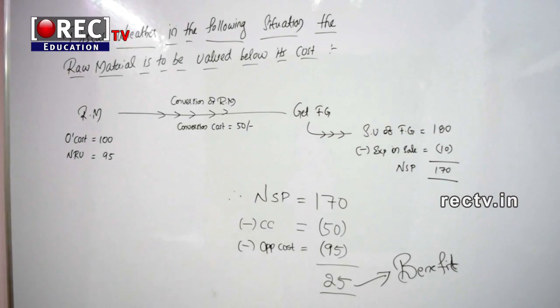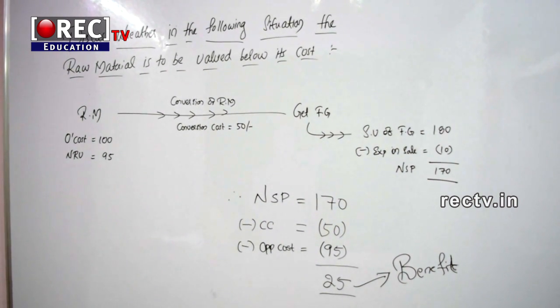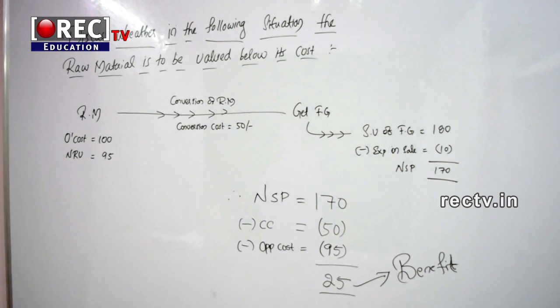Now the last topic: discuss whether in the following situation the raw material is to be valued below its cost. Raw material original cost is 100 and NRV is 95. For the conversion of raw material into finished good, the conversion cost expenditure is 50 rupees. After the finished good is completed, the sale value of the finished good is 180 and the expenditure incurred to make a sale is 10 rupees. Now net selling price is 170.